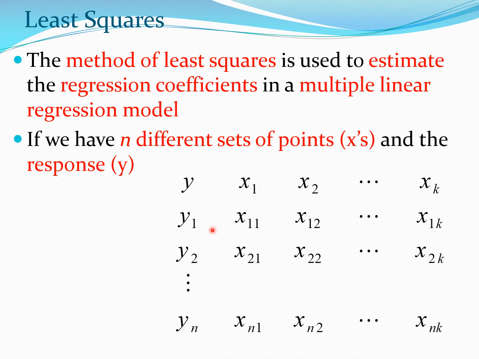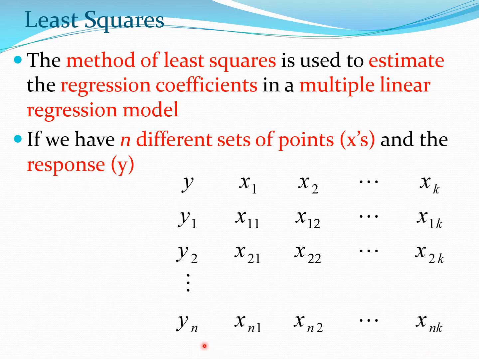So this is for y1, we put in the values x11, x12 all the way to x1k, and out from the code comes y1. Similarly, we put in the value x21, x22, x2k, and the code or the experiment gives the value y2. And we continue this till n samples, and therefore we have xn1, xn2 to xnk as the values which go into your code or into your experiment, and then out comes yn.